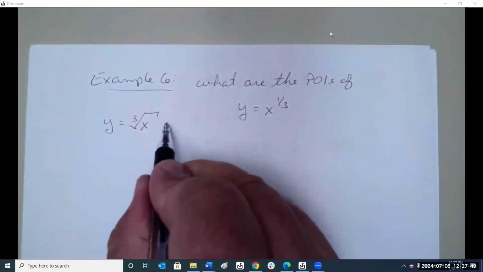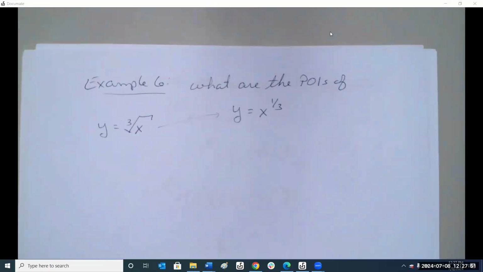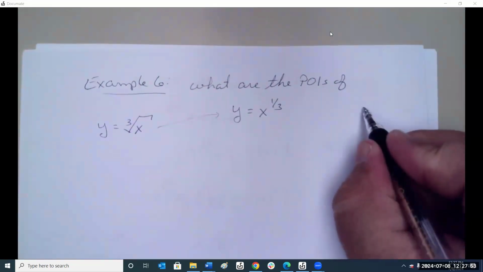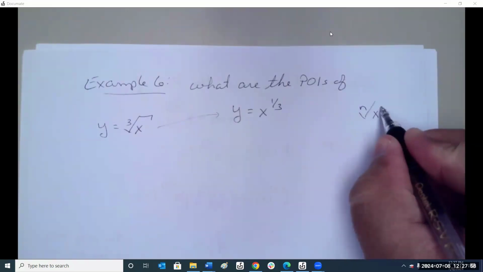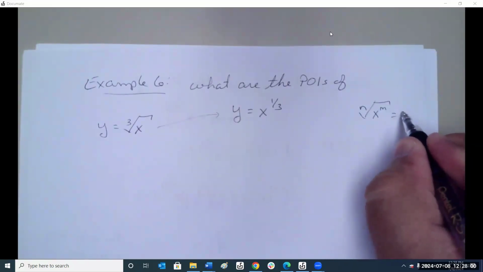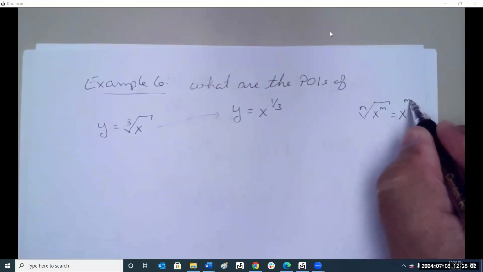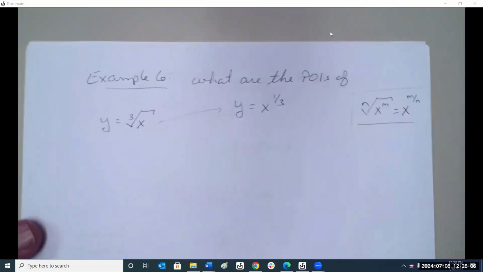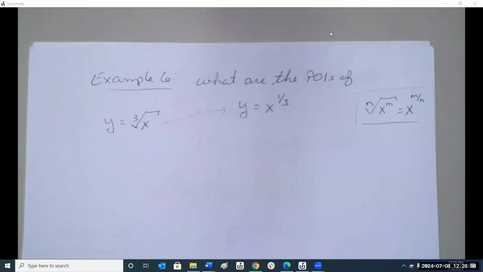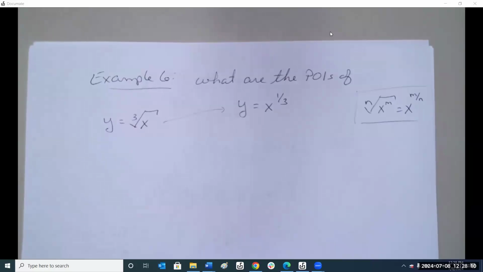So you'd have to take this and convert it to an exponential number. And there's the conversion from radical to exponential.